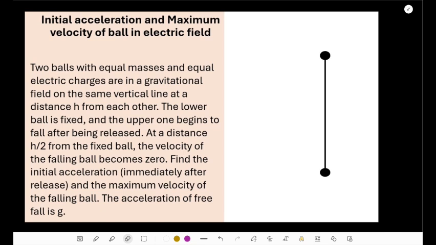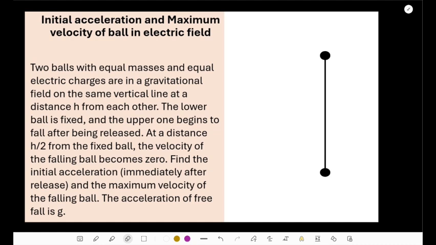Well, there are several things in this problem. We need to find the initial acceleration and we need to find the maximum speed. The speed of the ball reaches its maximum value at the point where the acceleration of the ball becomes 0.